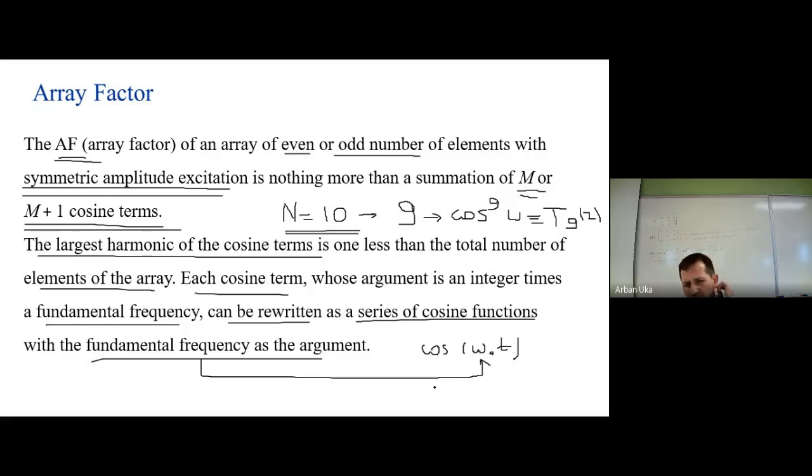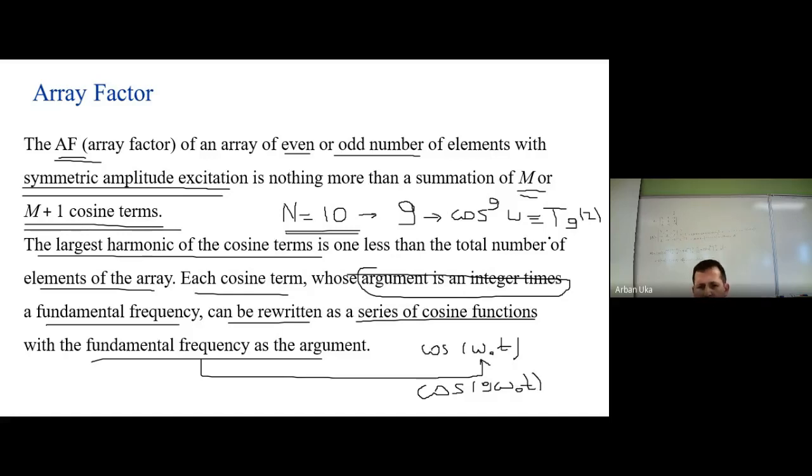But then the higher order terms will have cosine where the argument is going to be an integer times the fundamental frequency. Integer times means the following: we can have expressions like cosine 9 times the fundamental frequency, cosine 9 omega 0 t.